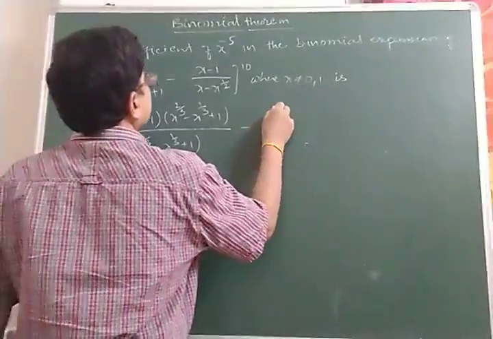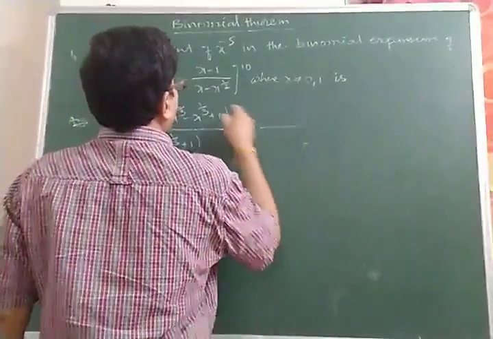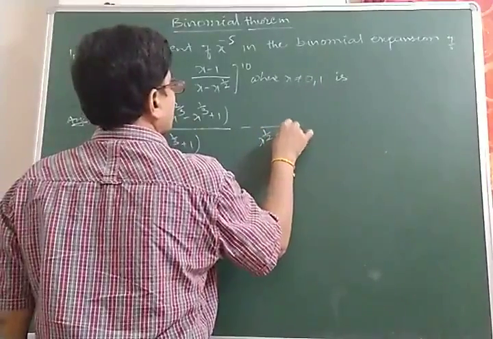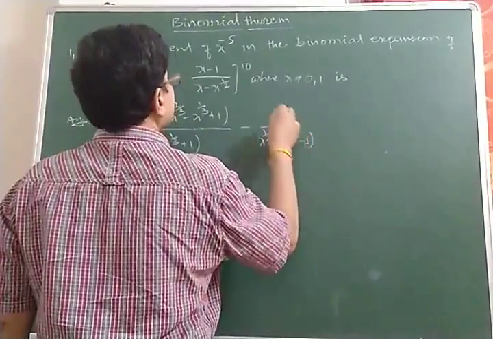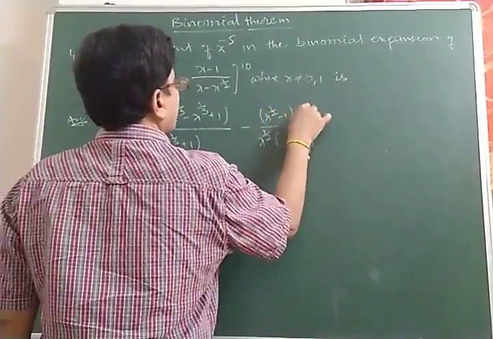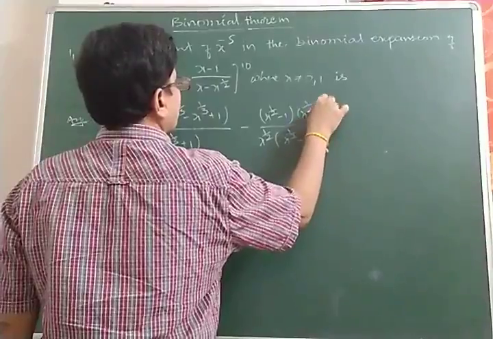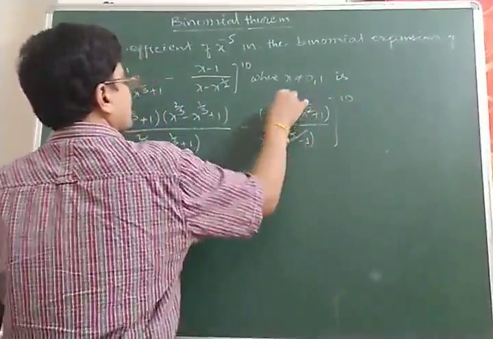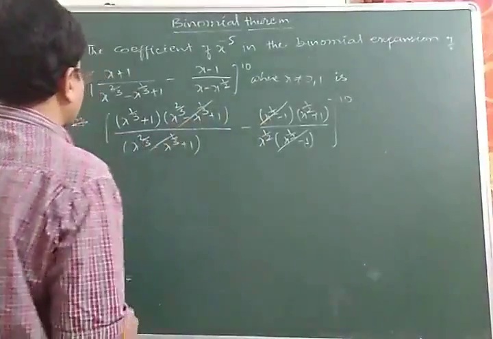In the denominator, taking x^(1/2) common, x^(1/2)(x^(1/2) − 1). Now this is (x^(1/2) − 1)(x^(1/2) + 1) whole to the power 10. Both are cancelled. Here it is also cancelled.